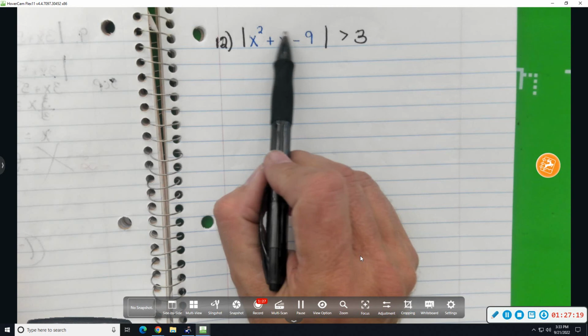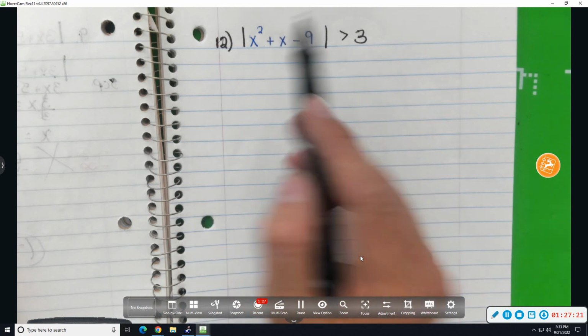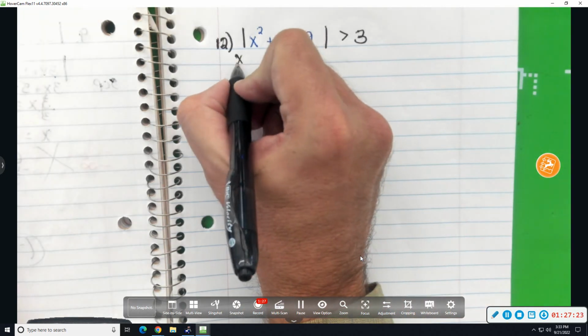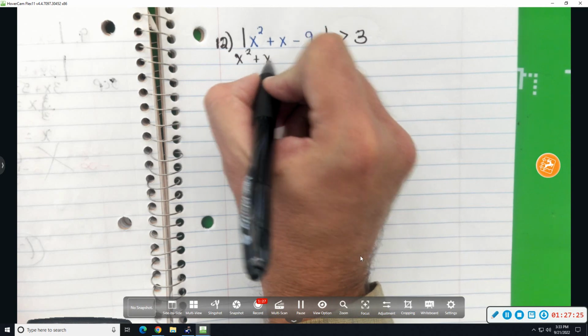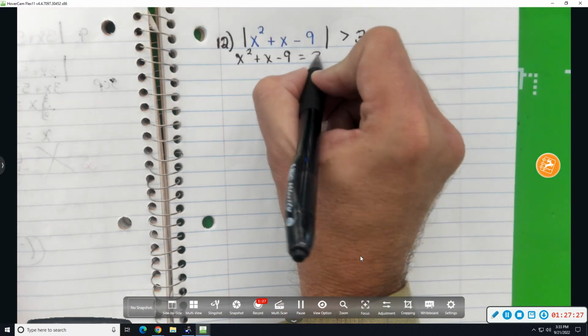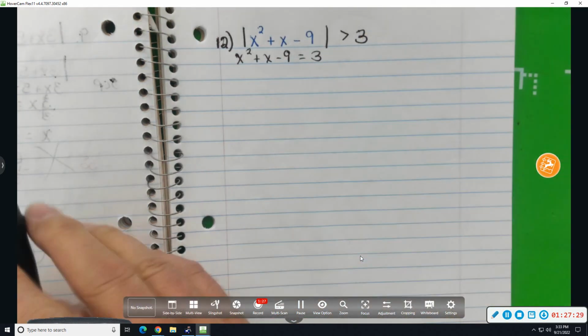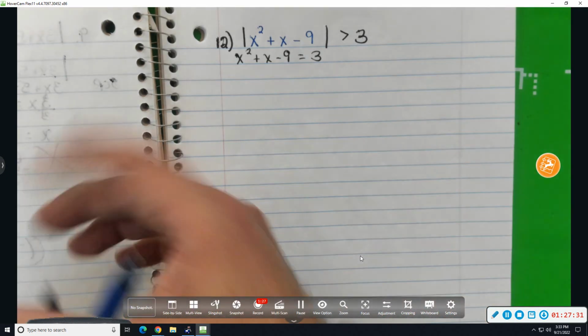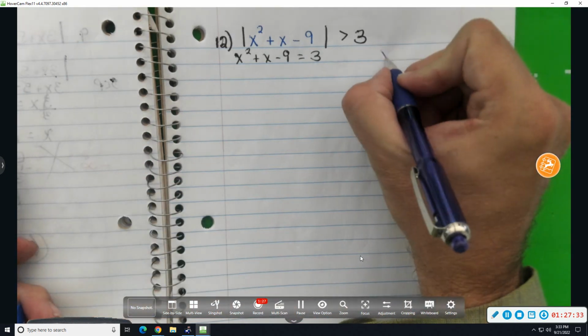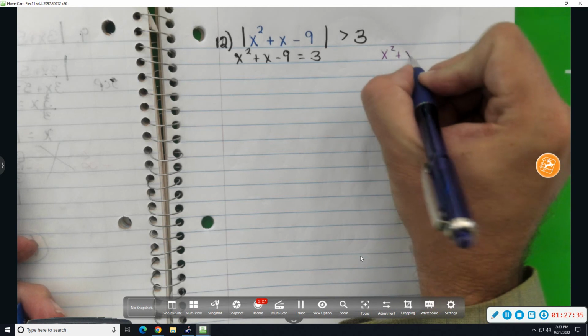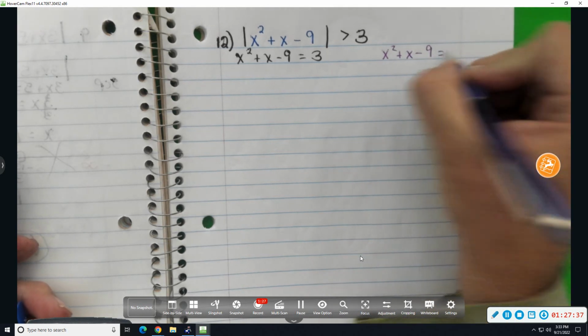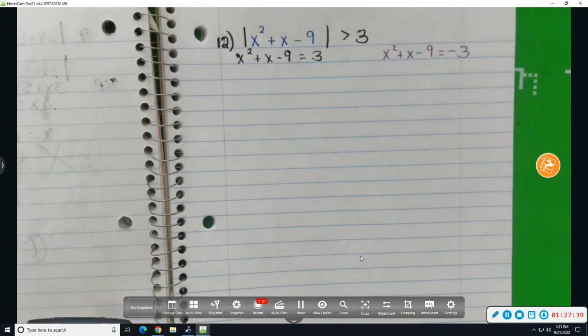A positive 3 and negative 3. So take what's inside there and go equal positive 3, equal negative 3.